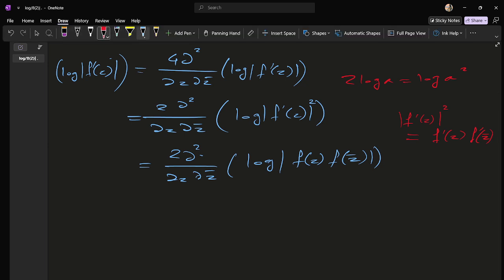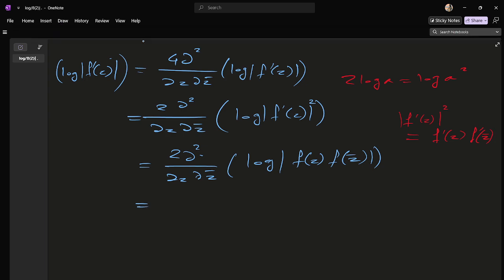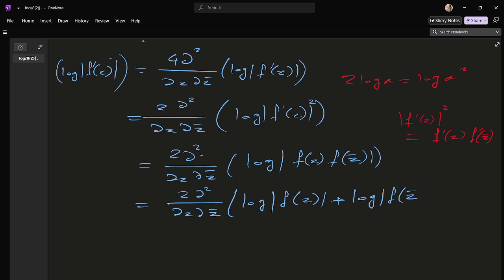That's the explanation. Now the partial derivative will come inside in our expression. So what will happen now?